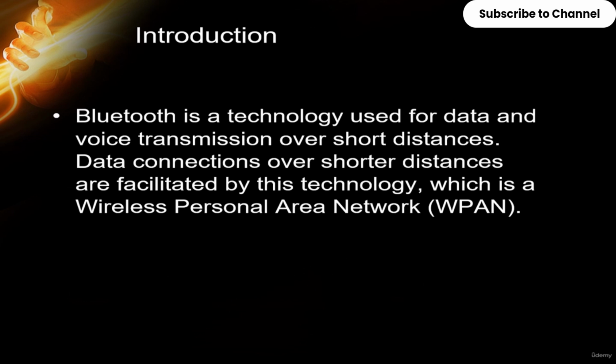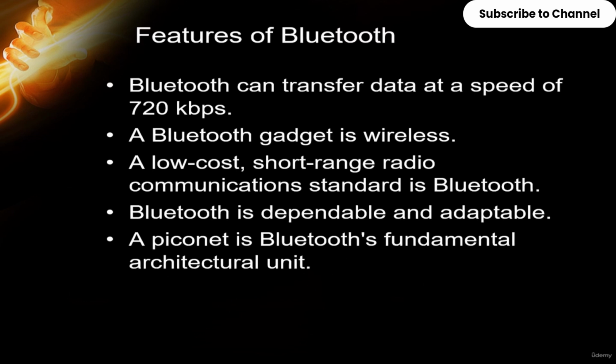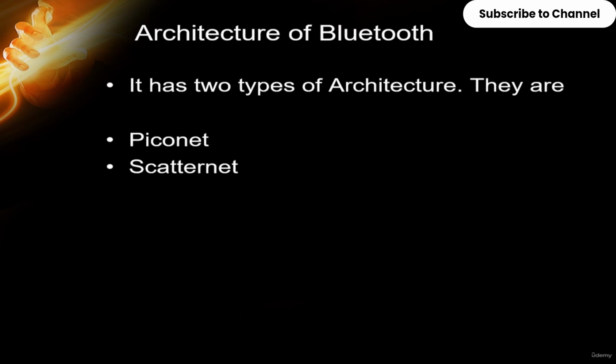The features of Bluetooth include that it can transfer data at a speed of 720 kbps, and a Bluetooth gadget is a wireless gadget. It can operate at low cost and short range of communication, and in a piconet, two or more devices can join and form a fundamental architecture.